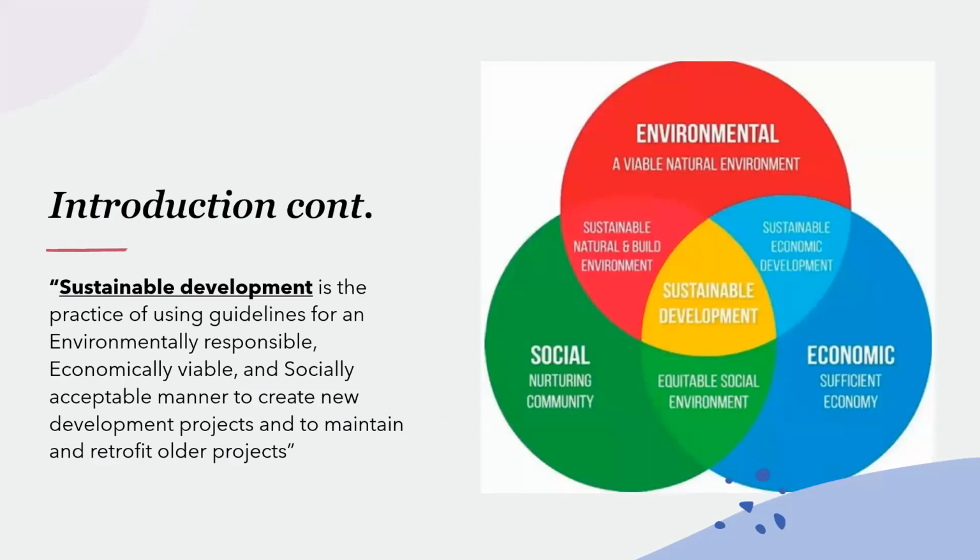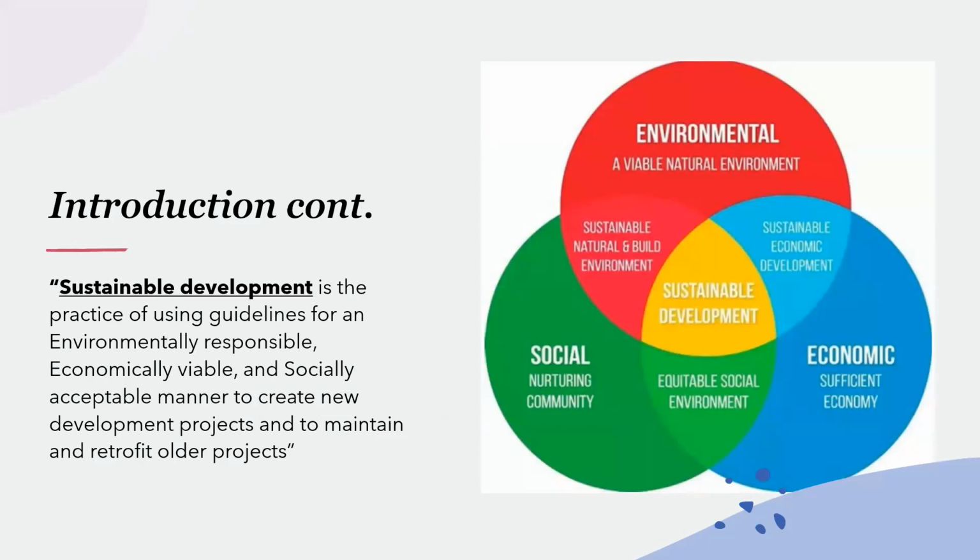So when it comes to sustainable development, sustainability cannot only be achieved considering environmental aspects. We should consider all three aspects of environment, social, and economic. So in order to have a sustainable development, we should consider the environmental aspect, social aspect, and economic aspect.